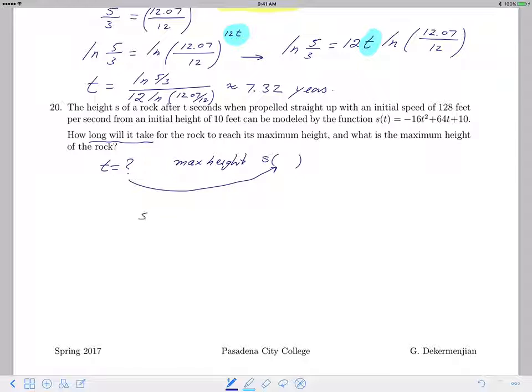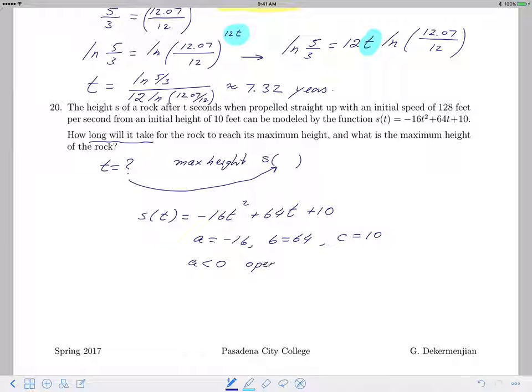Now let's think about quadratic functions. Quadratic functions have a quadratic term, a linear term, and a constant term. And we identify these coefficients as a, b, and c. We know that when a is negative, the parabola opens downwards, so it looks like this, and it does indeed have a maximum point, which is good because that's what they're asking us to find.